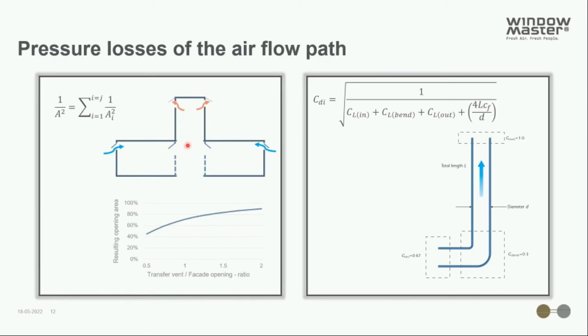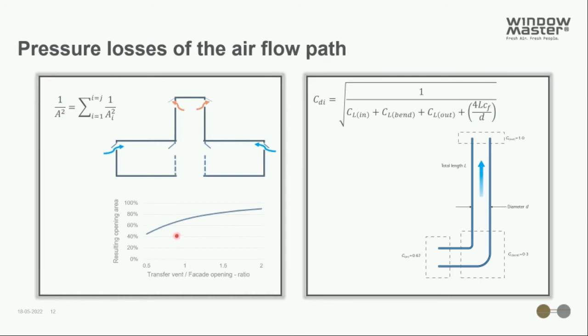If we look at what we can do within the scope of these calculations without making it too complicated, this pressure loss of the transfer vents can actually be assigned to the facade opening area with this equation here.